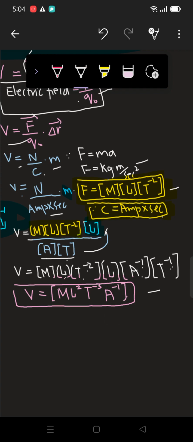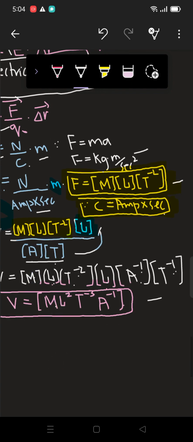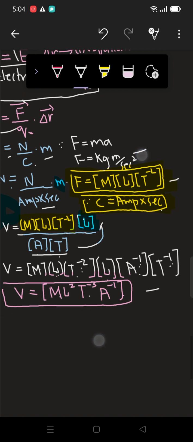Now we need to simplify it, right? So M same, L² are here, so L square, of course T³, and minus 2 minus 1 is minus 3, so T⁻³, of course A⁻¹. So finally we got the dimension of potential difference, which was equal to ML²T⁻³A⁻¹.